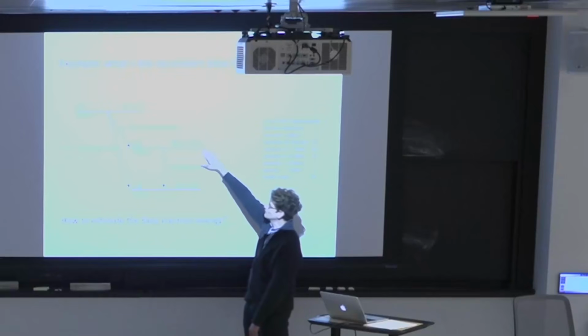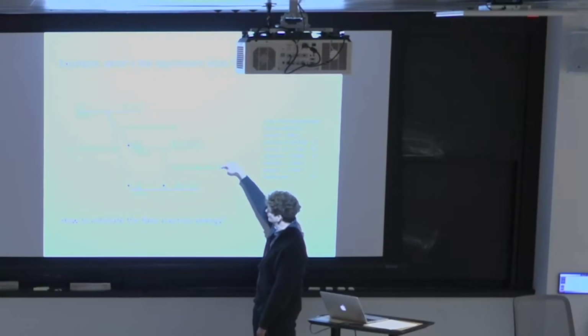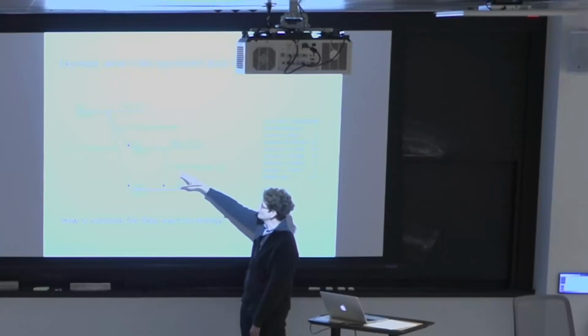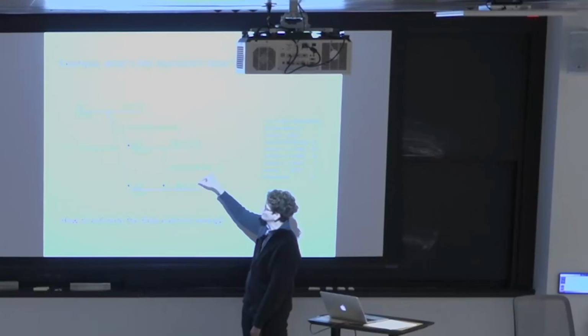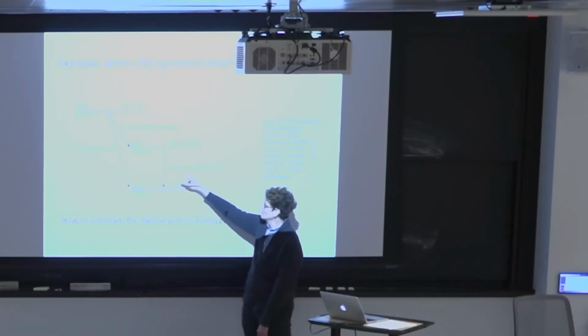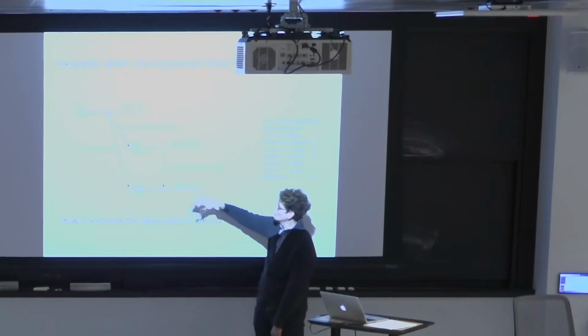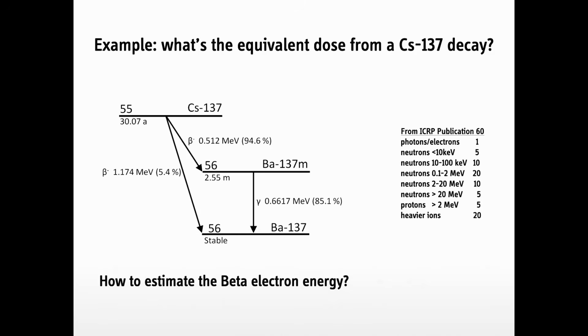If it winds up here, then 85.1%, I don't know what the rest is, I'll have to go double check what that number is. But basically, this now decays by gamma with this energy. So this energy plus this energy equals that energy. It all winds up in the same place, right?